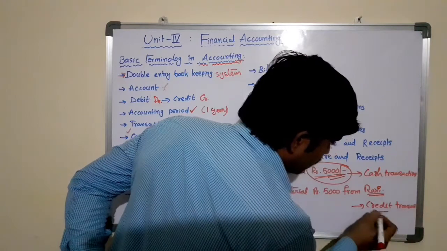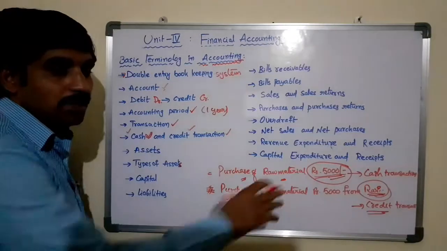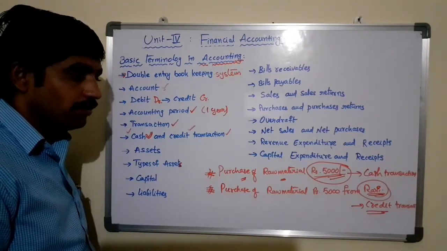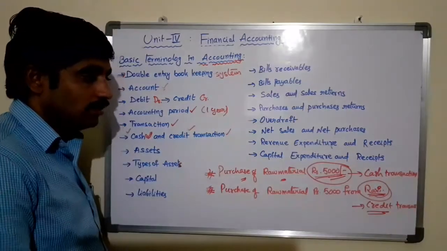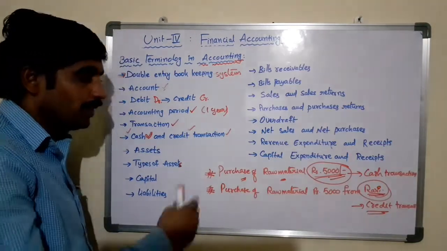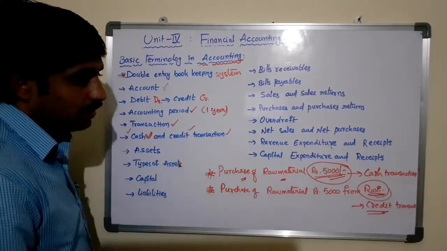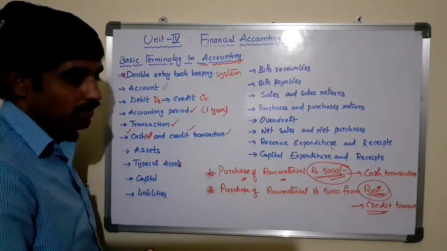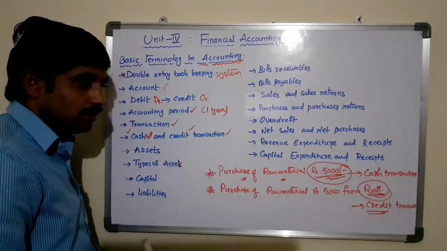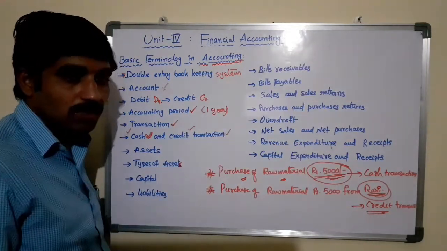In these credit transactions, we need to maintain a separate account for the suppliers. Whereas in cash transactions, we need not maintain separate accounts for the suppliers, as we are paying the cash immediately. If you paid the cash immediately, there is no relation between the supplier and the business, because the transaction has completed. Raw material is received by the business and cash worth the raw material is paid to the suppliers.